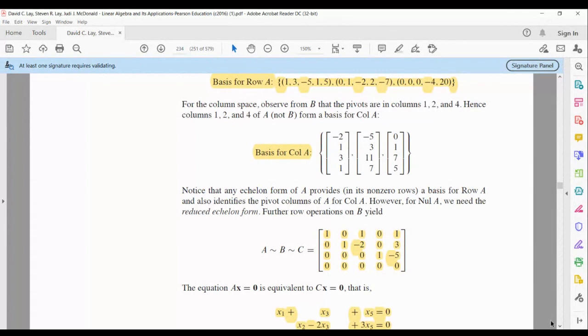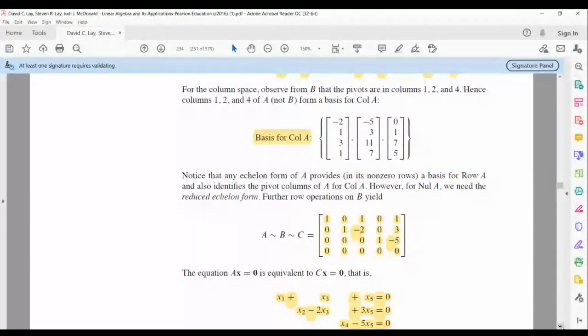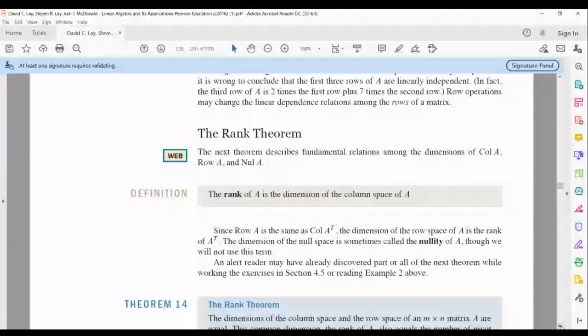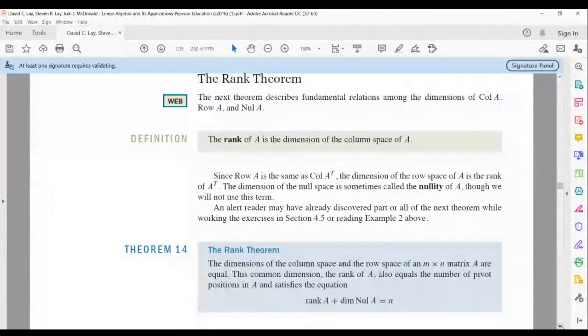But we've seen this twice now, this coincidence that the dimension of the null space and the dimension of the column space of a matrix add up to the number of columns that the matrix has.